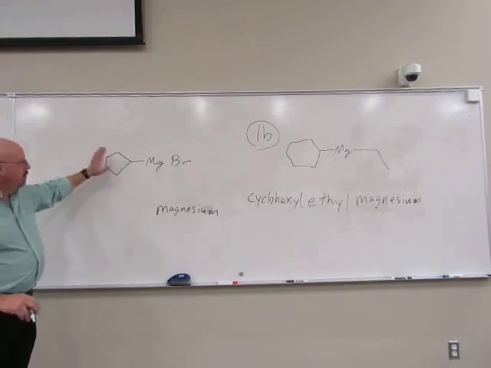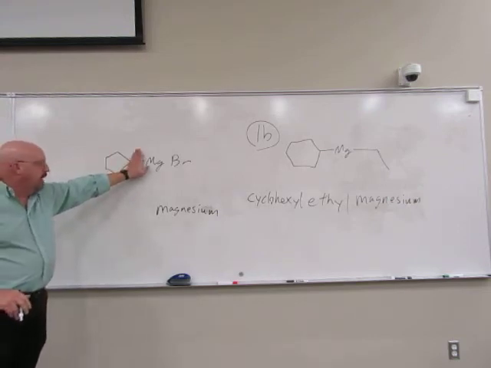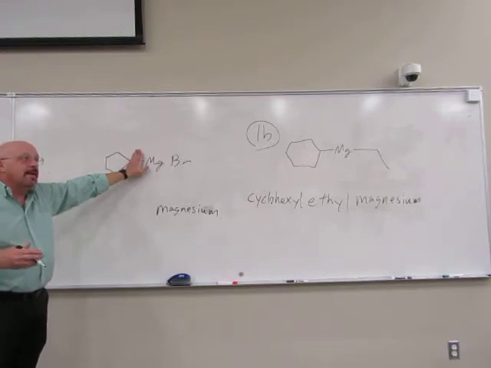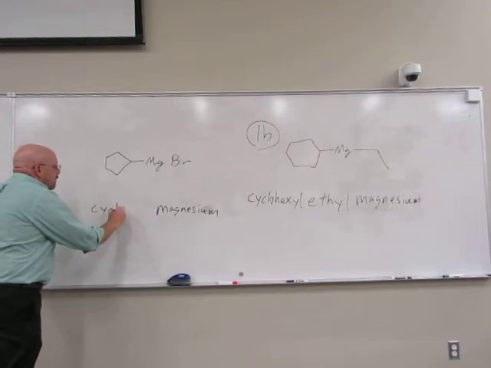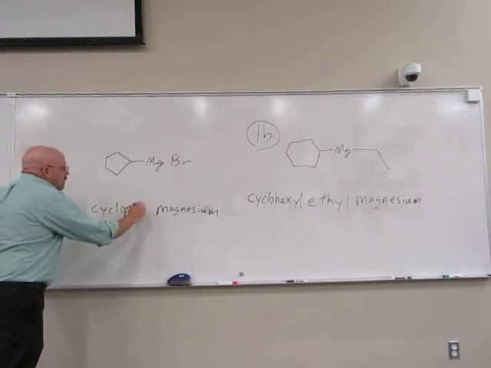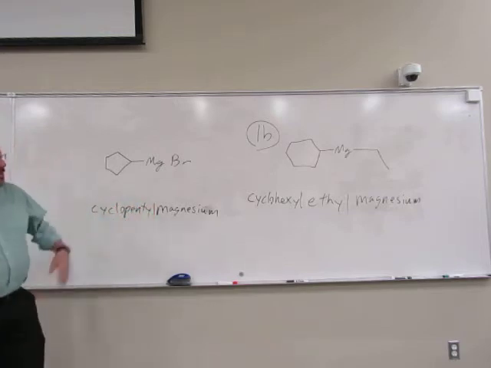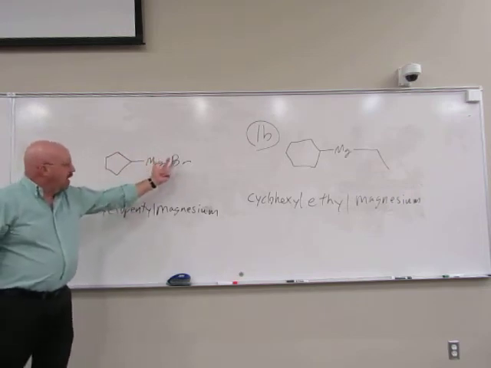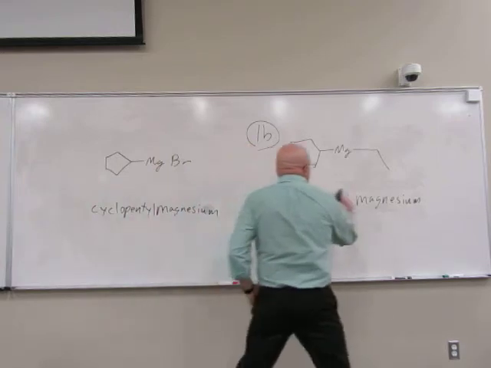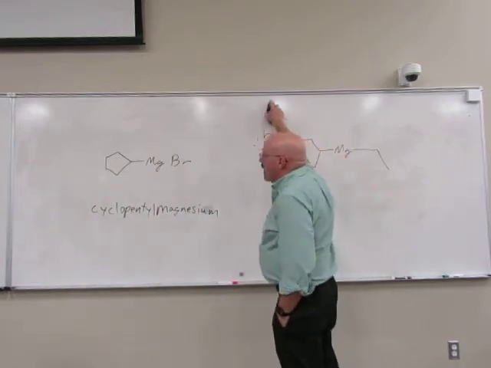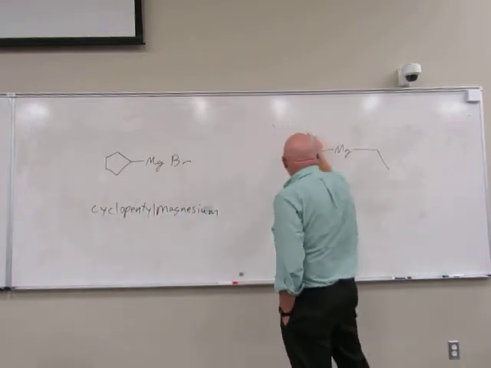That's a cyclopentane ring, but as a substituent it ends in YL, so it's cyclopentyl, and that goes in the front. But then we have the bromine. So anything other than a carbon, we name that as an anion as a separate word. So as an anion, a bromine is a bromide.